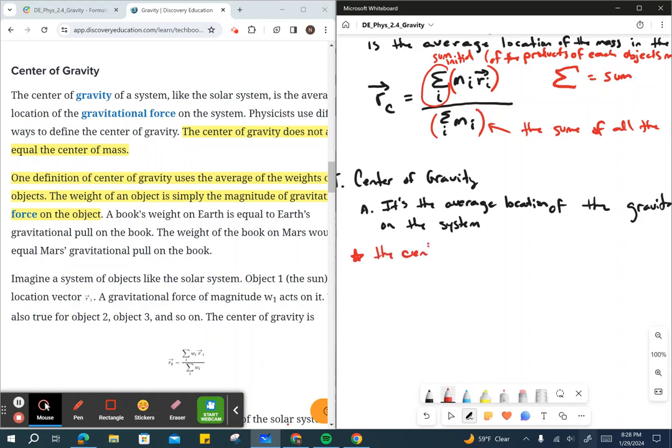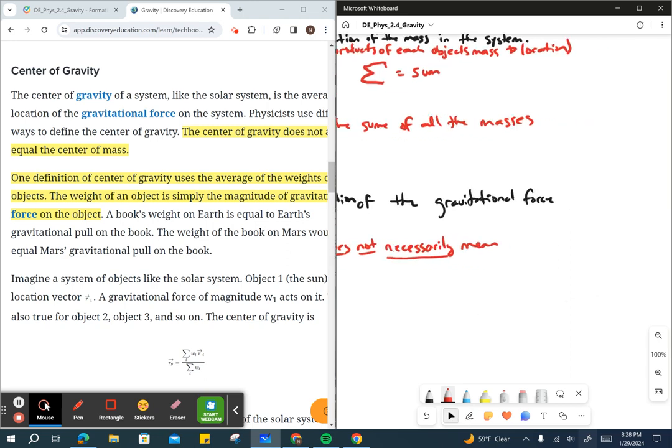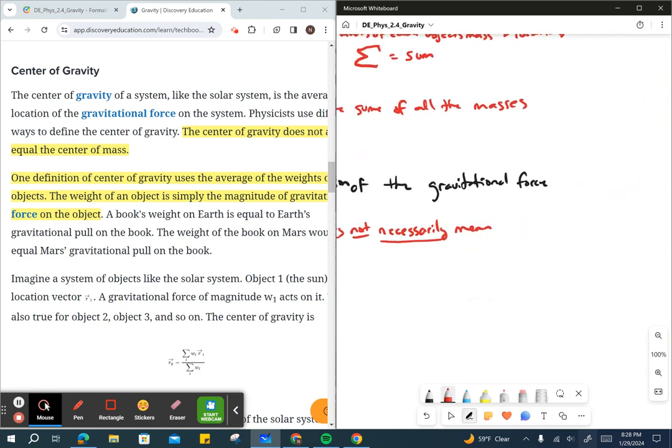The center of gravity does not necessarily mean the center of mass. It could be, but it could not. Okay?